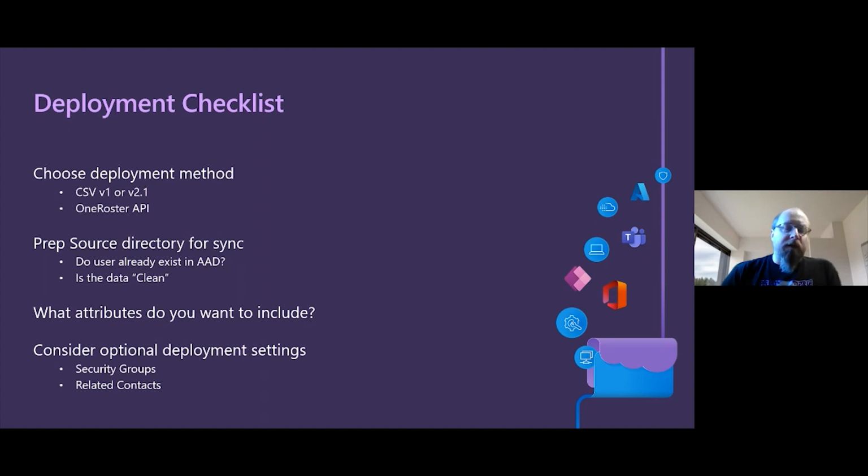After that are going to be different deployment settings that are optional, such as security groups, related contacts. That's going to be the parents and guardians that you want to append onto users, as well as some of the other settings, such as... I'll show you when I do the live demo of it.